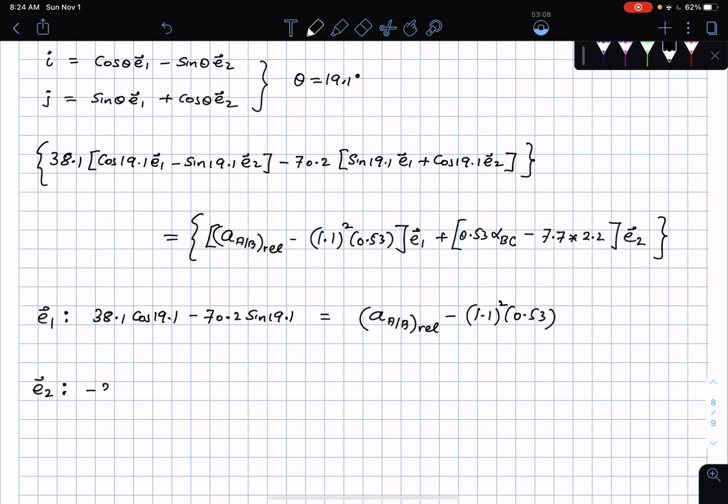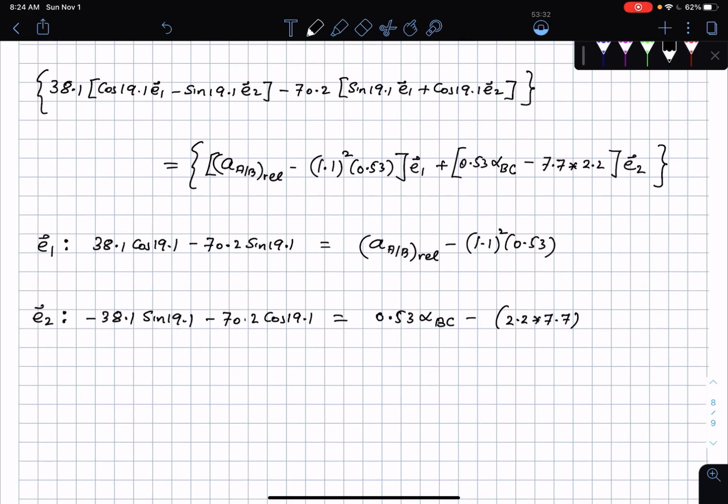This is going to be minus 38.1 sine 19.1 minus 70.2 cosine 19.1. This is equal to 0.53 alpha BC minus 2.2 times 7.7. And all we are left to do is solve for alpha BC and a relative and so on.